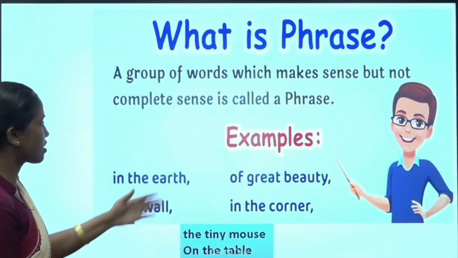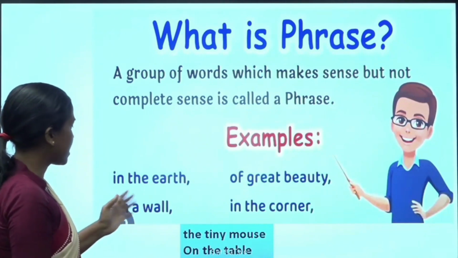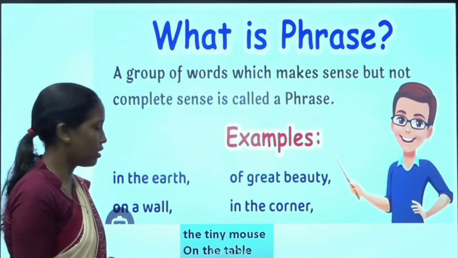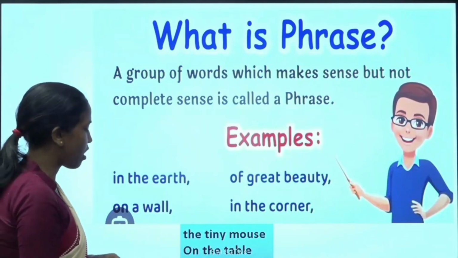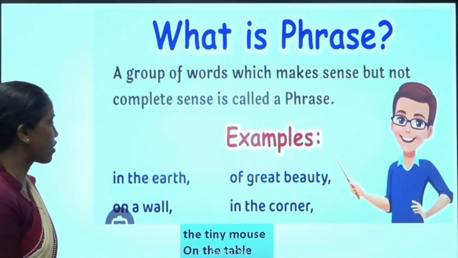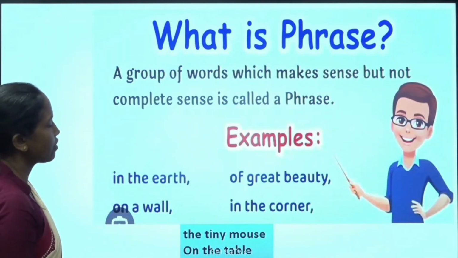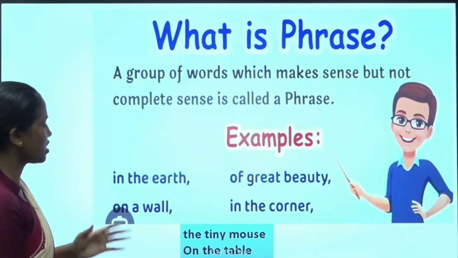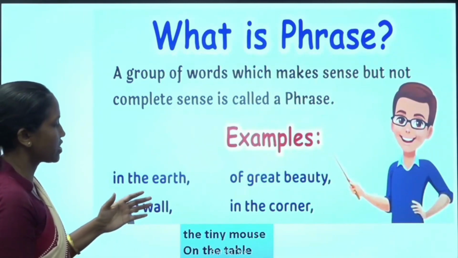So you can see here some of the examples: in the earth, on a wall, of great beauty, in the corner, the tiny mouse on the table. These are the examples of phrase. Students, you see these are the phrases which are given here.